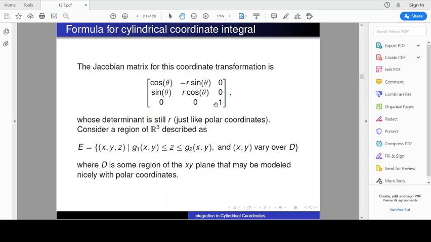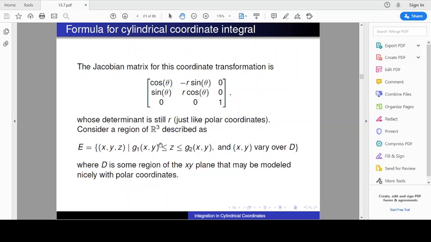So a cylindrical non-box would be a solid of the form E, which is a collection of points in space x, y, z, where maybe z varies between the graphs of two functions, g1 of x, y and g2 of x, y, and x and y vary over some region D of the xy plane that can be nicely modeled with polar coordinates.